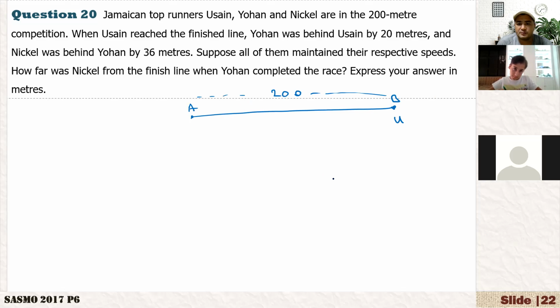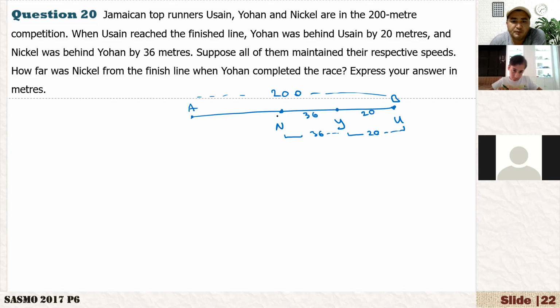And Johan was behind Usain by 20 meters. So here we have Johan. The distance is 20 meters. And Nikhil was behind Johan by 36 meters. So here we have Nikhil, right? So the distance between them was 36 meters. So this one is 36, this one is 20.